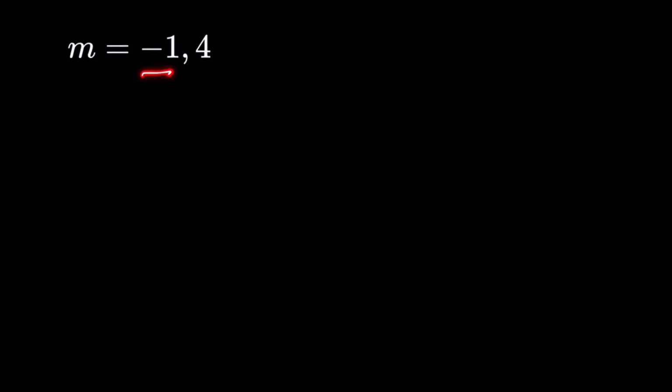We've got the values of m as negative 1 and 4, which are real and distinct. So according to the case first, we are going to be writing its general solution, y is equal to c1 x power negative 1 plus c2 x power 4.